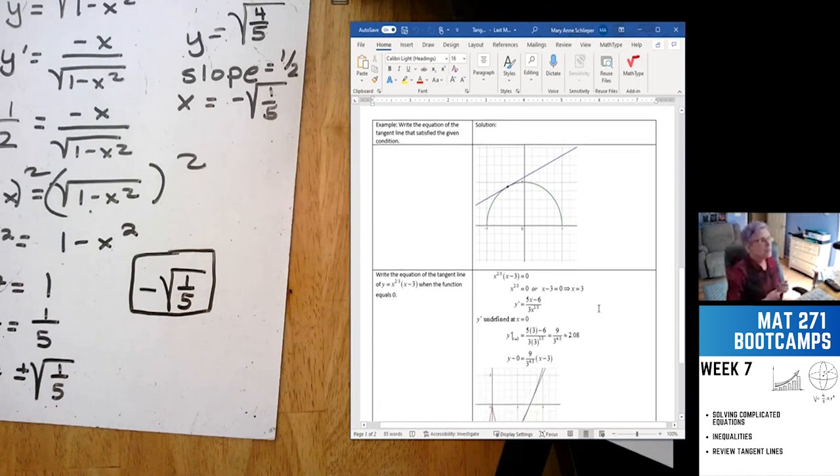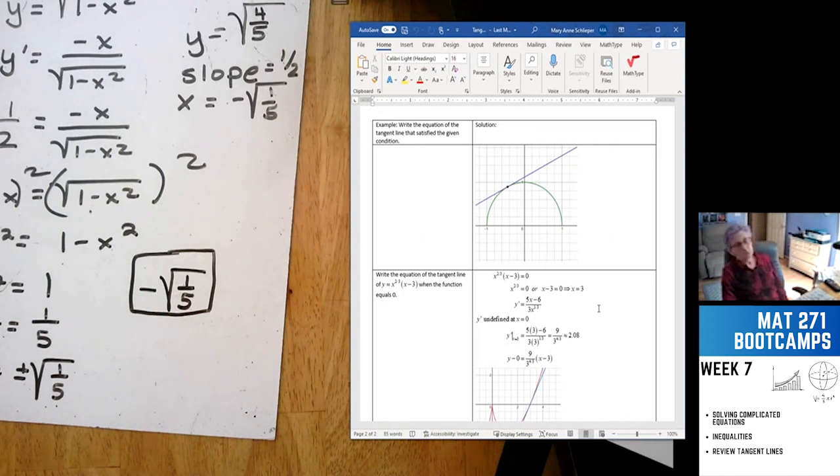Then the last one, I ask you to write the equation of the tangent line when the function equals 0. Well, that function equals 0 two places, when x is equal to 0 and when x is equal to 3. It has no derivative when x is equal to 0, so it has no tangent line when x is equal to 0.